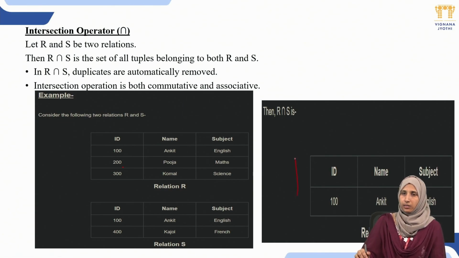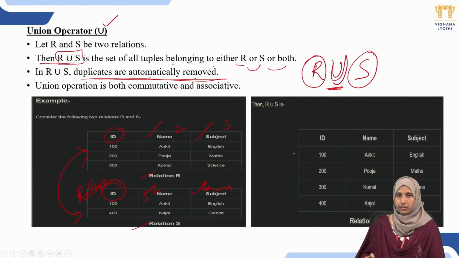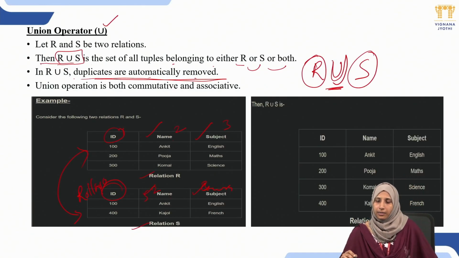When you see this resultant table, 100, 200, 300 and 400 are there. Only 4 rows are there, whereas in my original tables I had 5. Why am I getting only 4 rows? Because, as the rule says, the union operator automatically deletes the duplicate row from the result.